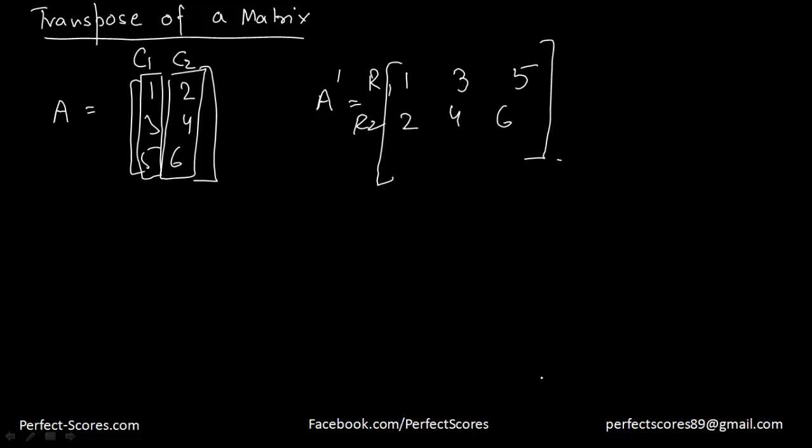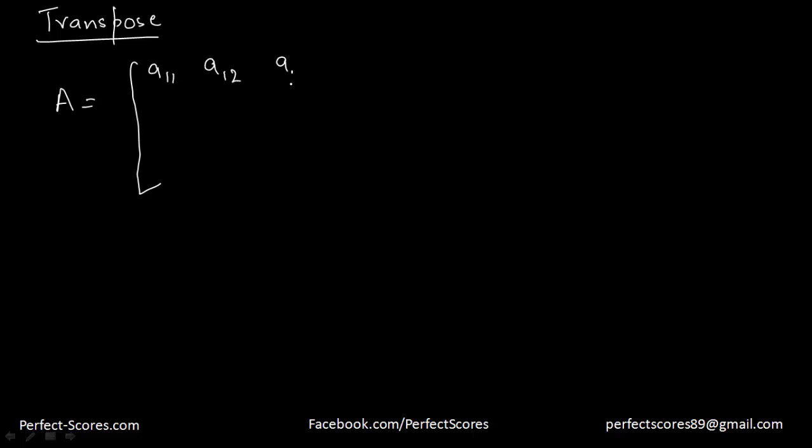Now let's understand what actually happens in a transpose of a matrix generally. Let's try and generalize this. Suppose I have a matrix A, with the first row, first column, first row, second column, first row, third column, and it goes on like that. And this is the second row, first column, second row, second column, and second row, third column.